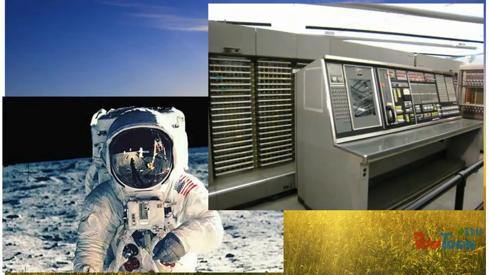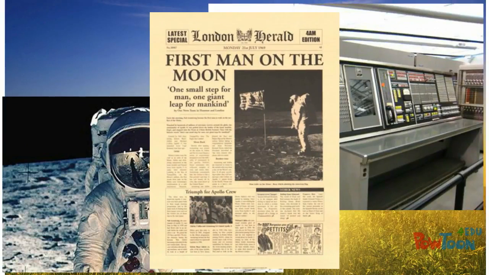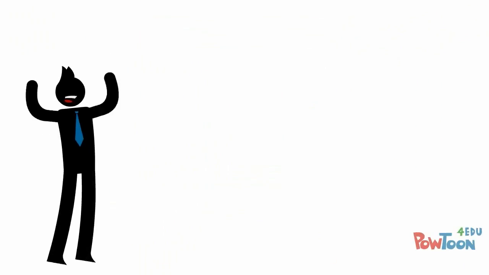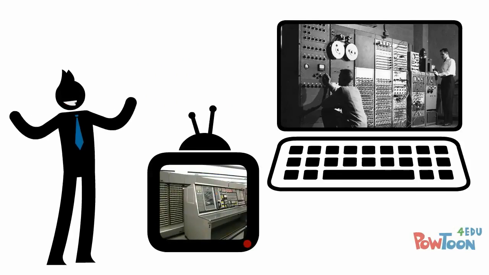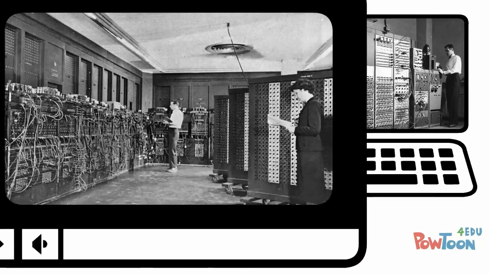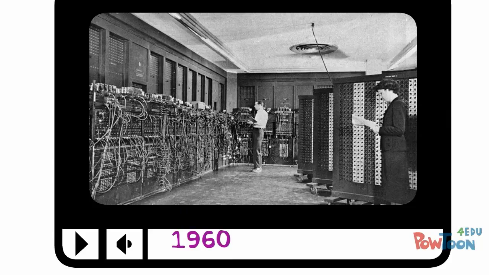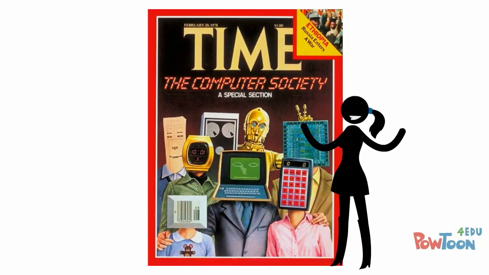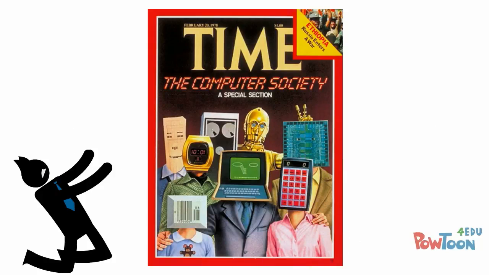However, from the mid-1960s on, the development of computer technology revolutionized language research, and the world, of course. In the 1960s, mainframe computers were much more present in university research centers.